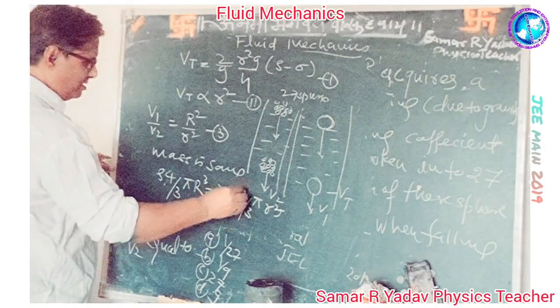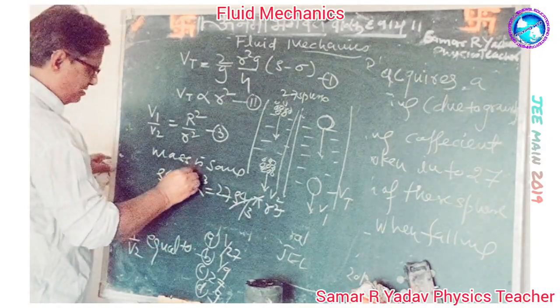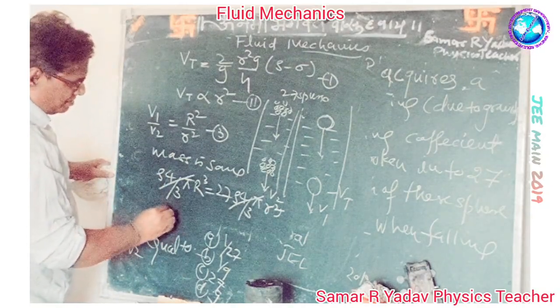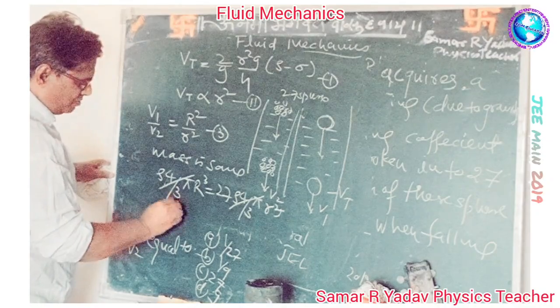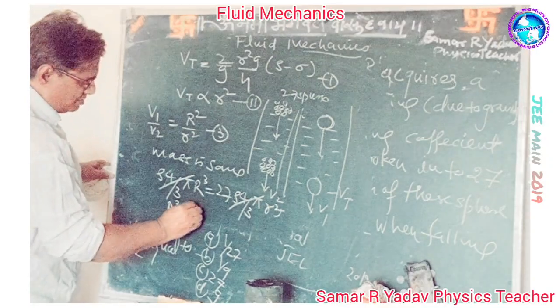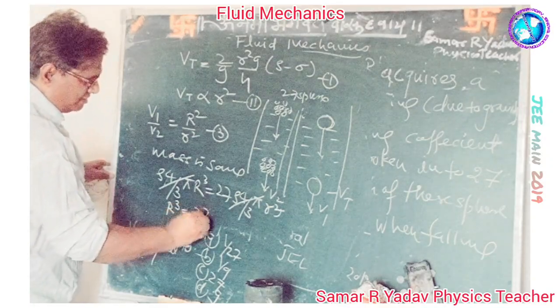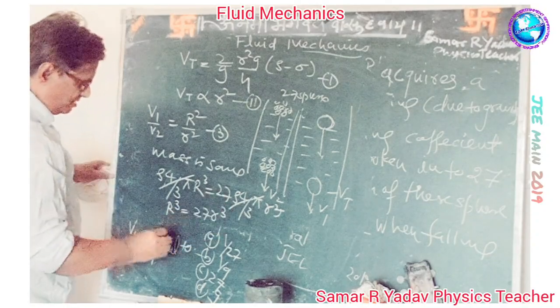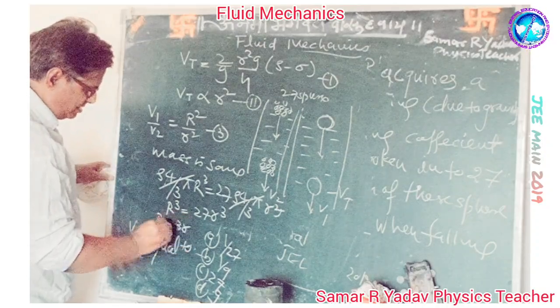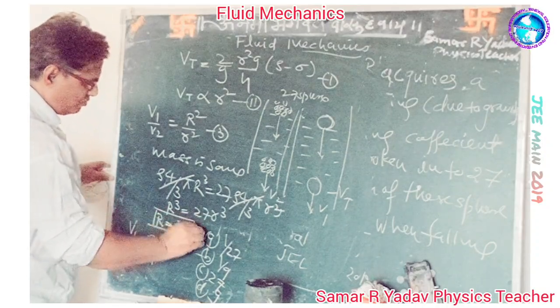Rho 4 by 3 pi will be cancelled. So finally capital R cube is equal to 27 small r cube. Therefore, capital R is equal to 3 small r. This is equation number 4.